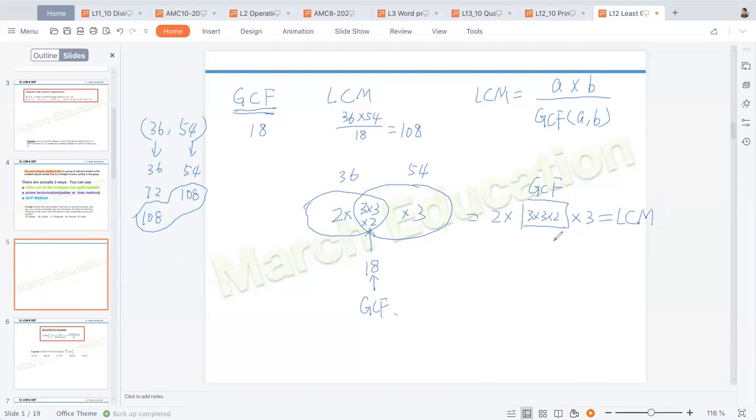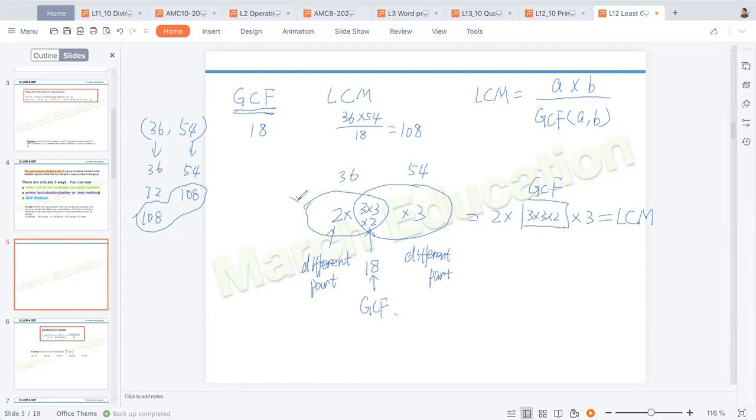So you can see here, this is the relationship between LCM and the GCF. This is a different part, and this is a different part. We must multiply all the different parts with the common part to get the LCM, right?